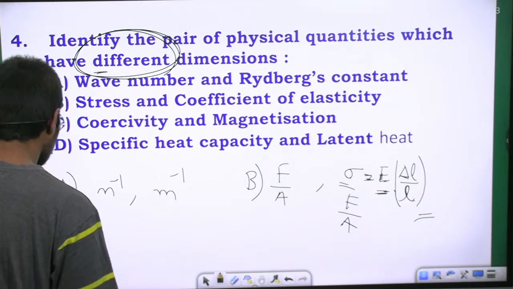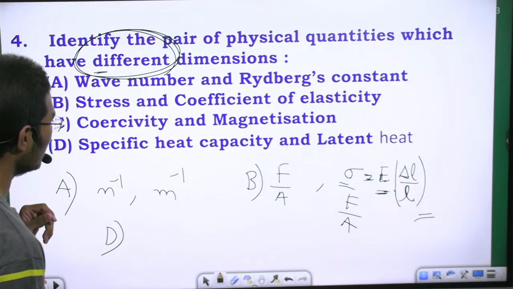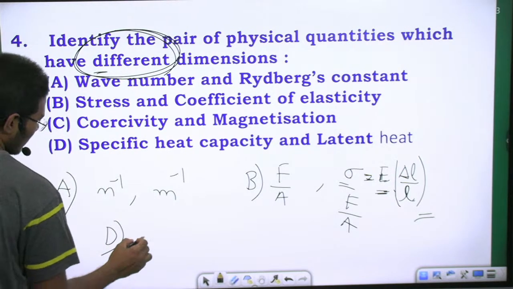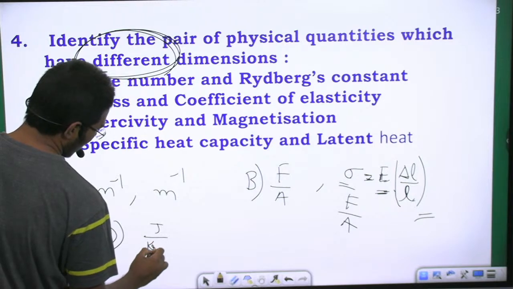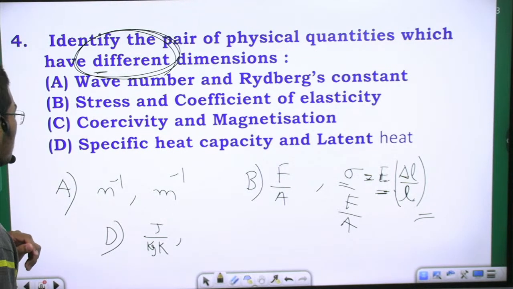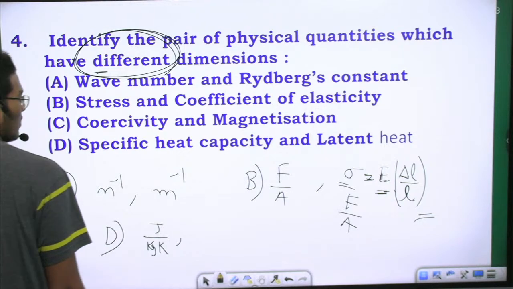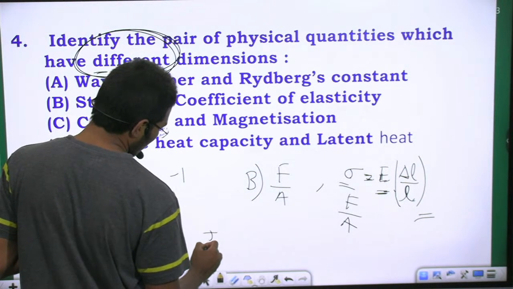So let us look at option D first. Specific heat, joule per kg Kelvin, is the unit of specific heat capacity. What are the units of latent heat? Joule per kg.